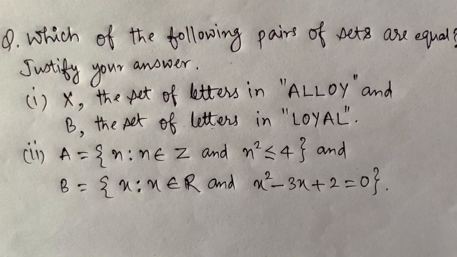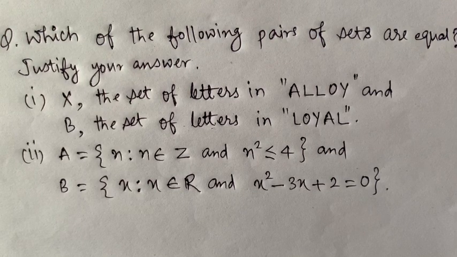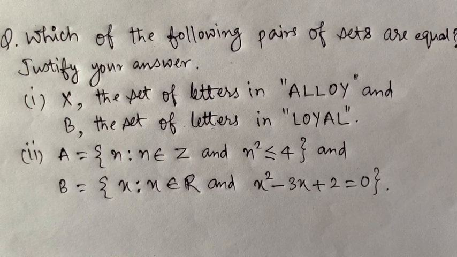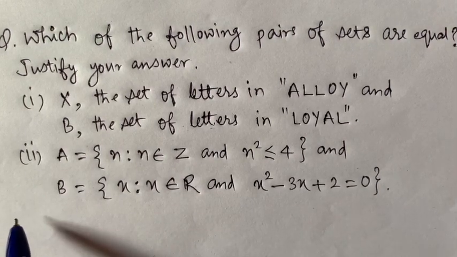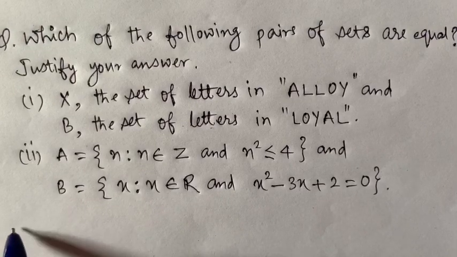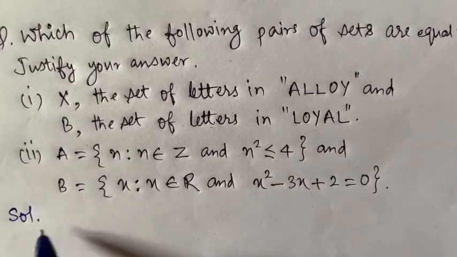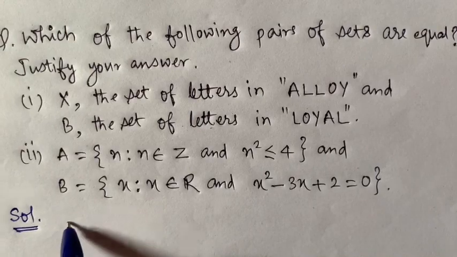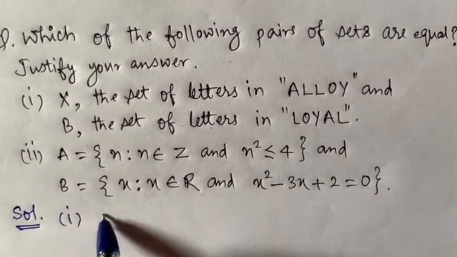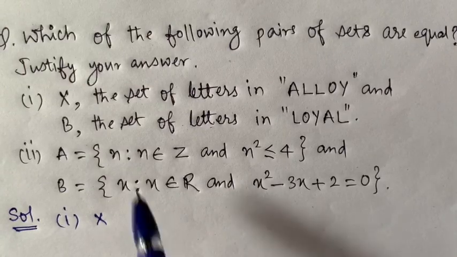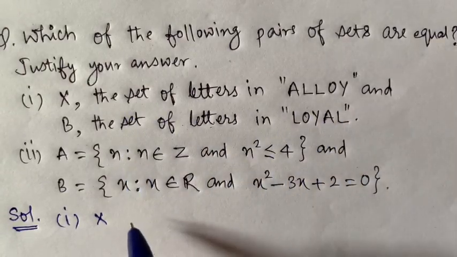Let us consider another question. Which of the following pairs of sets are equal? Justify your answer. Now again, to know the pairs of sets equal, we need to write them in roster form wherever they are not written in roster form. X, the set of letters of ALLOY.